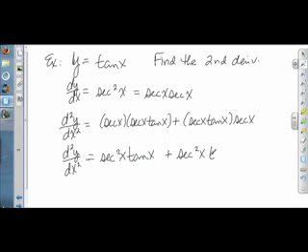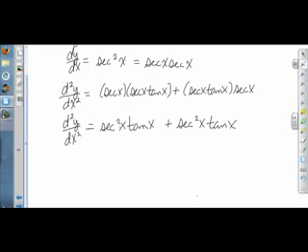Clean it up a little bit. Secant squared x tangent x is in both terms, so we can combine like terms.